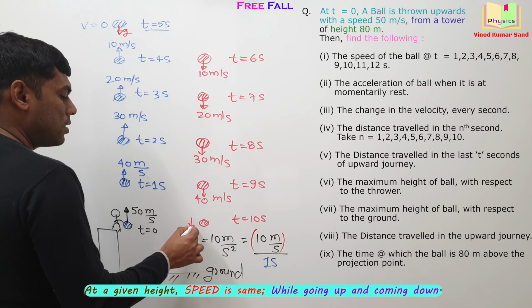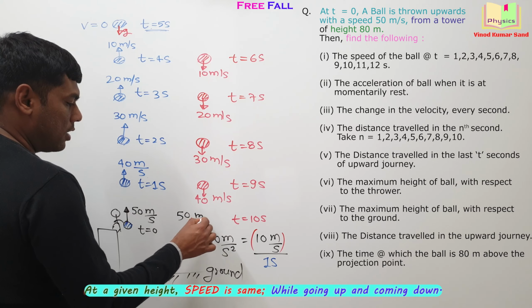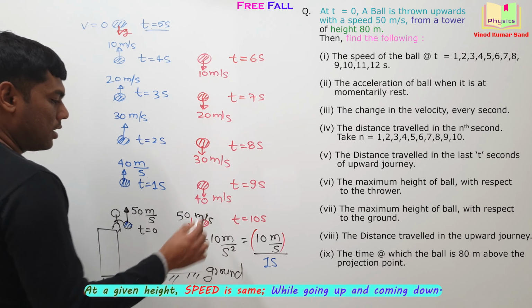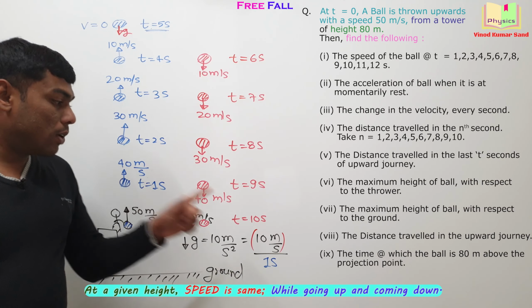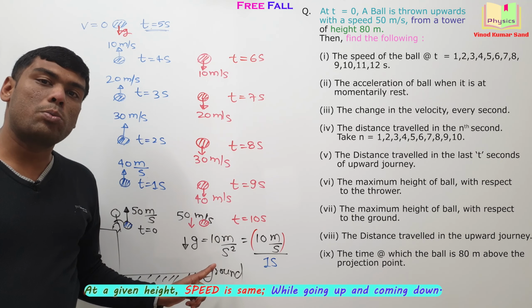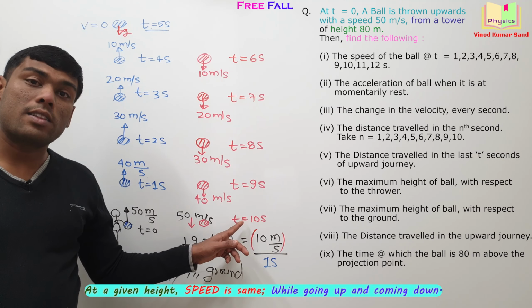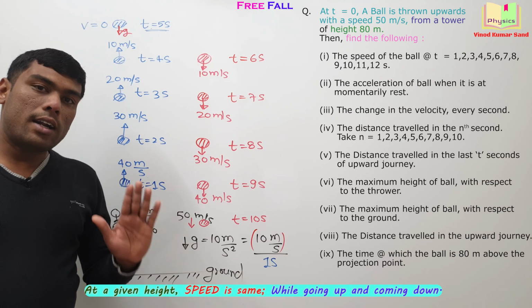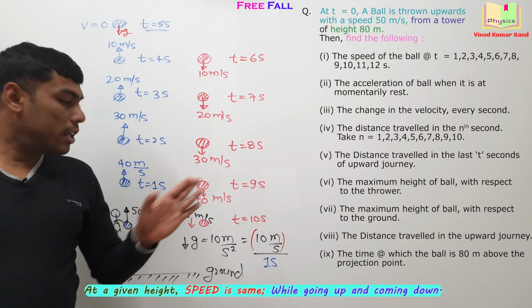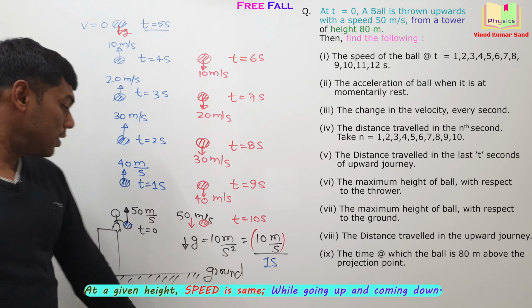The speed is 50 meter per second. Getting it? If I ask you what is the speed at t is equal to 11 second, then your answer should be 60 meter per second. T is equal to 12 second. The speed will be 70 meter per second, and so on until it hits the ground. You can utilize this for doing the calculations of the speed.